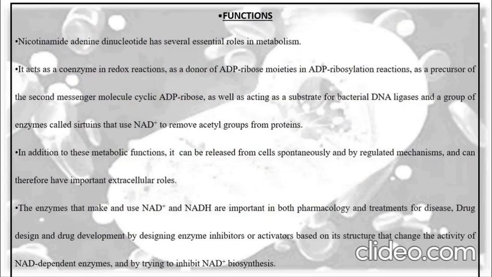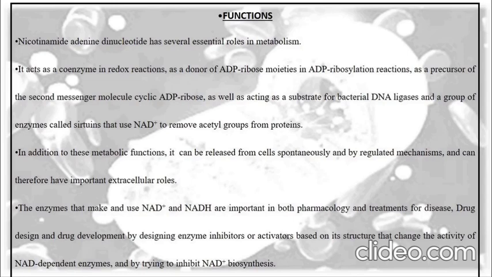The functions. Nicotinamide adenine dinucleotide has several essential roles in metabolism. It acts as a coenzyme in redox reactions, as a donor of ADP ribose moieties in ADP ribosylation reactions, as a precursor of the second messenger molecule cyclic ADP ribose, as well as acting as a substrate for bacterial DNA ligases and a group of enzymes called sirtuins that use NAD plus to remove acetyl groups from proteins.